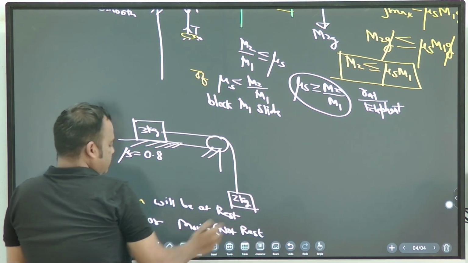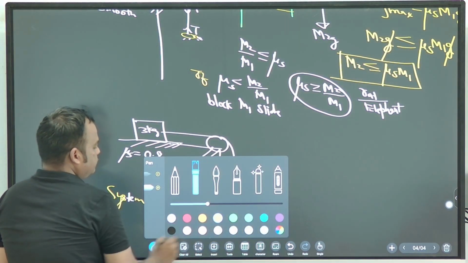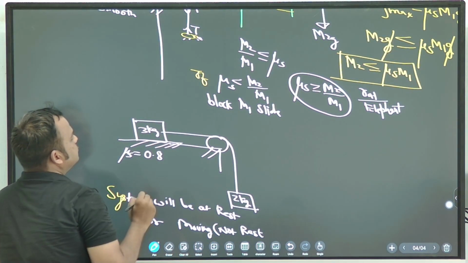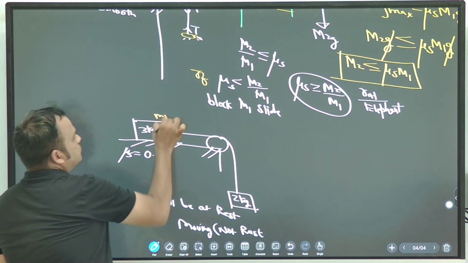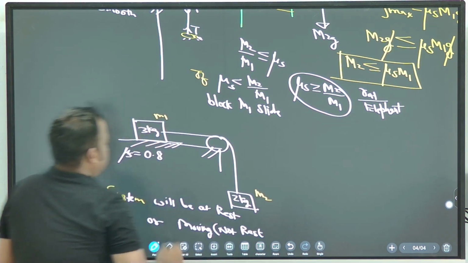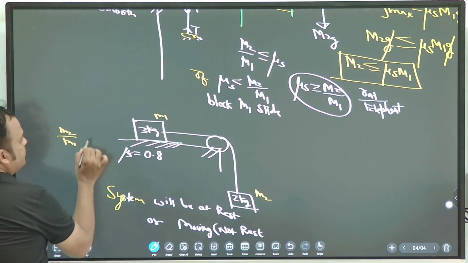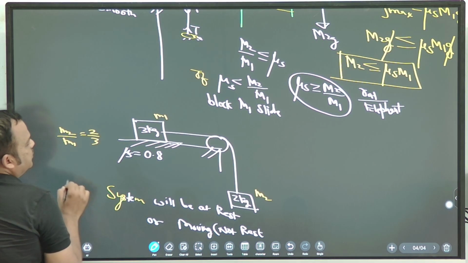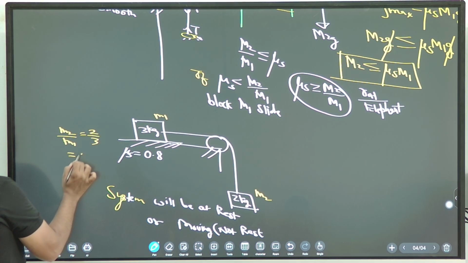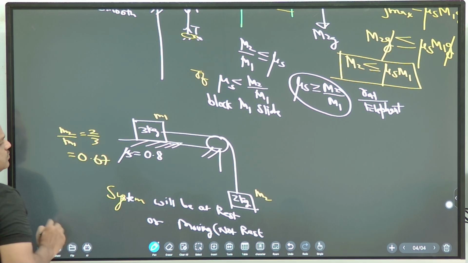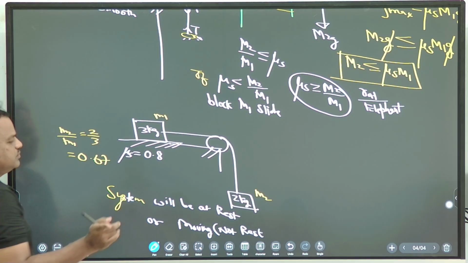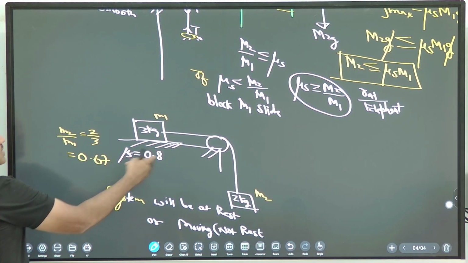So this is M2, this is M1. What is M2 by M1 here? 2 by 3. What is that? 0.67. So is it at rest or not? Rest, correct. And mu s is 0.8.